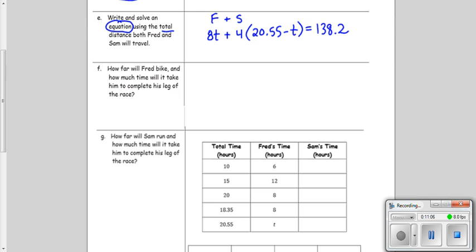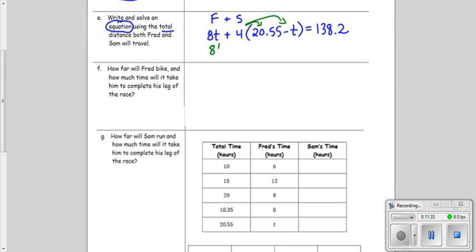We'll use PEMDAS to simplify our expression before we solve for the variable t. So we look for parentheses. You cannot solve what's in the parentheses without knowing the value of t yet. There are no exponents. For multiplication, we do have 4 times this quantity, so we will do that first.